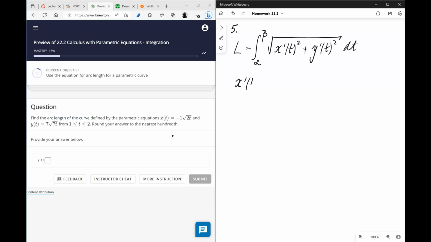So x prime of t is negative 1 over 2 square root of 2t times 2. So we can reduce it.